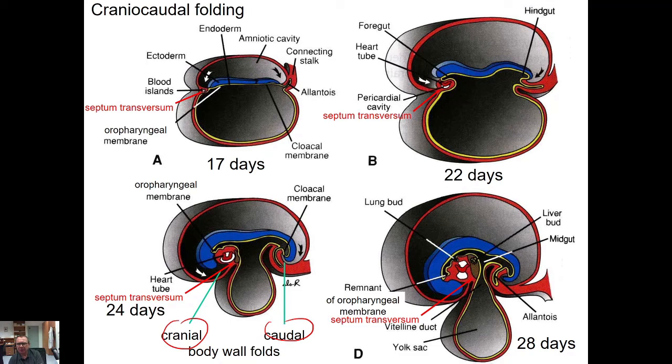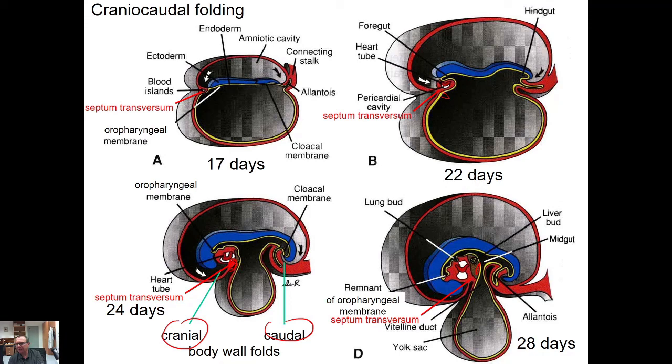So septum transversum is here the most cranial thing of the embryo. Here it slowly goes more ventrally, and this goes still more and more ventrally. Here it is situated in the area of neck. Here it is then situated between thoracic and abdominal area, and it is still the same septum transversum.